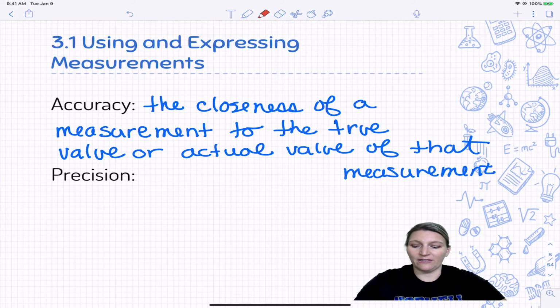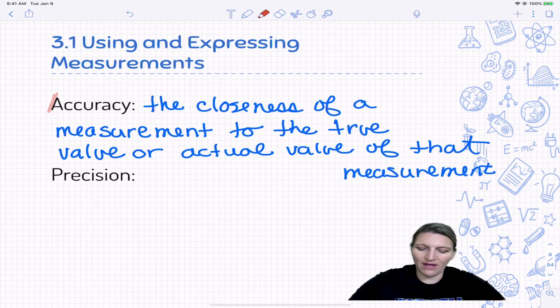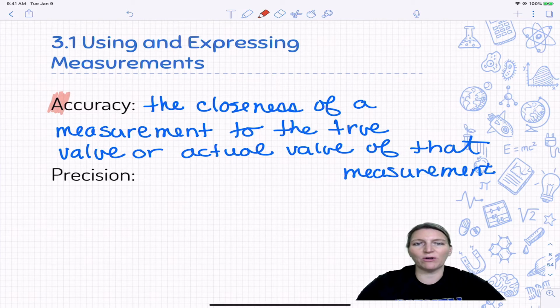So accuracy, the closeness of a measurement to the true value or actual value of that measurement. And the way that I remember this is thinking about the word accuracy begins with the letter A, and actual value begins with the letter A. So accuracy is how close you got to the right answer.